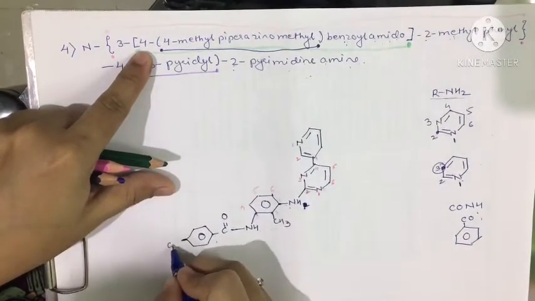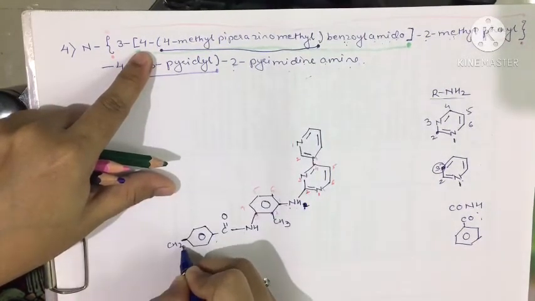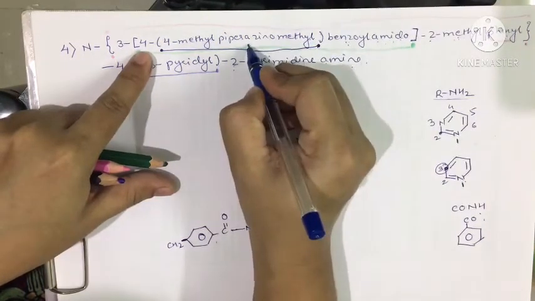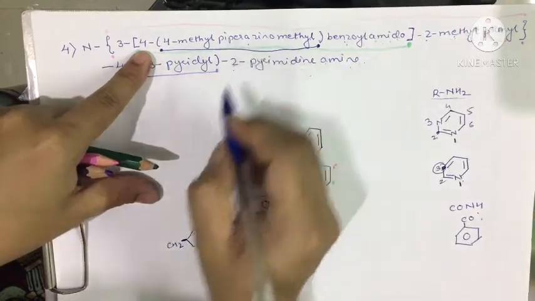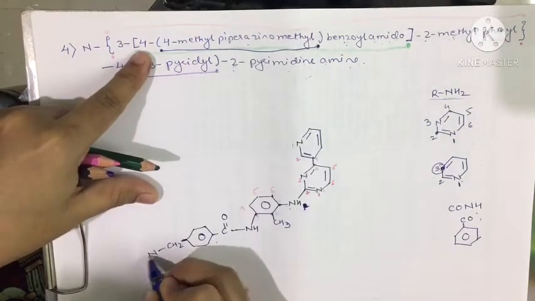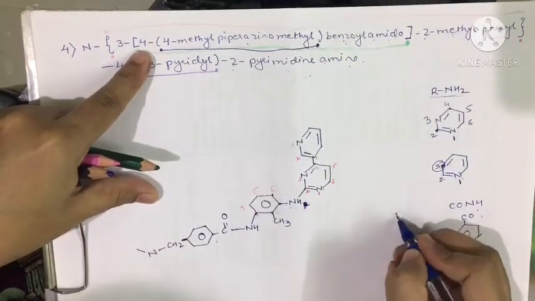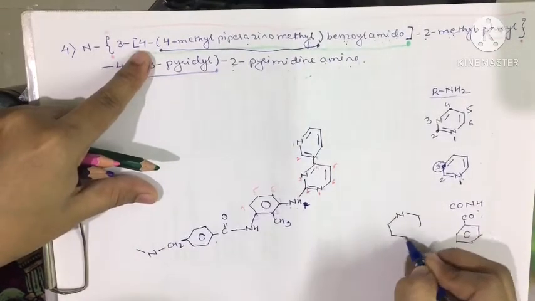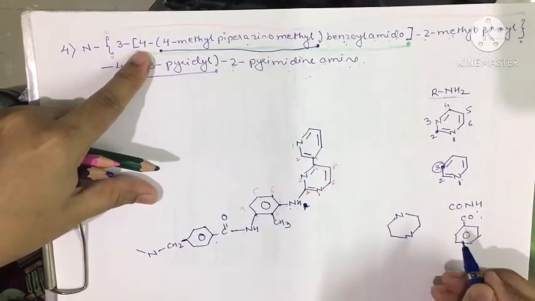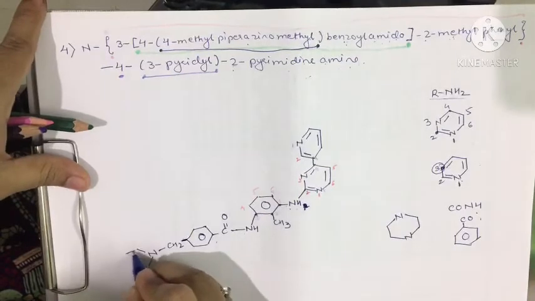So here we will write CH2. Then this CH2 is attached to the piperazine group. So we will write down piperazine here. Piperazine is this. So here it is piperazine.